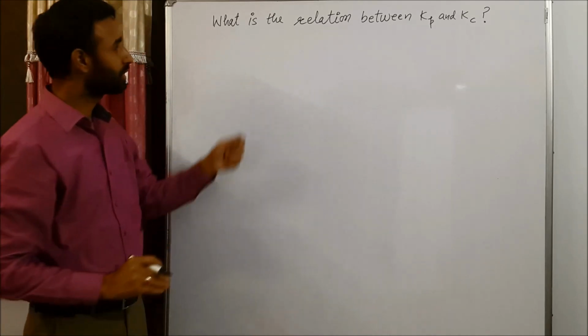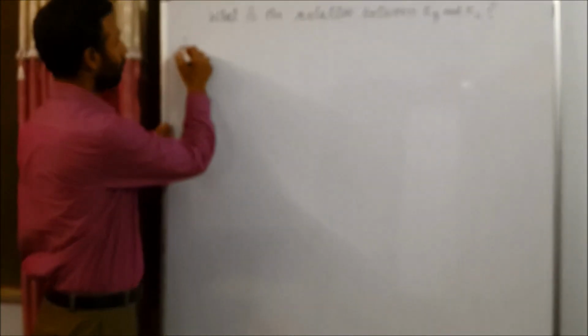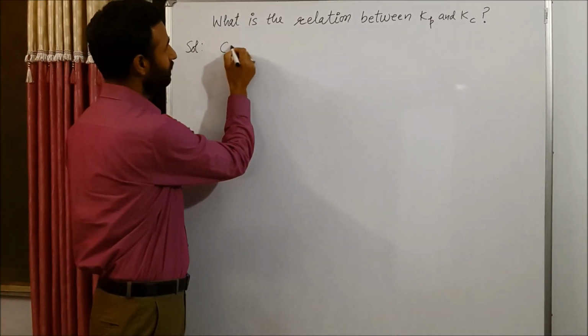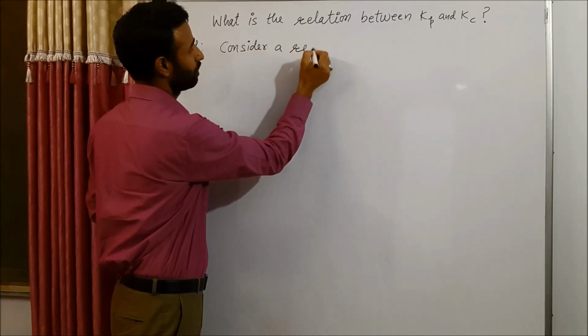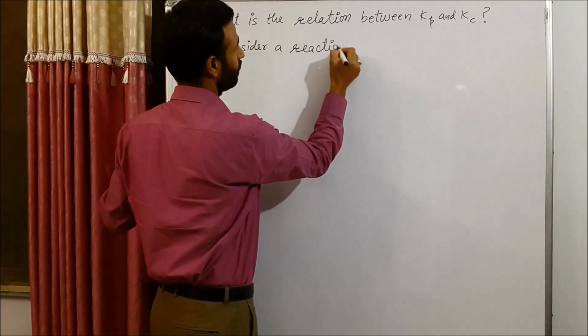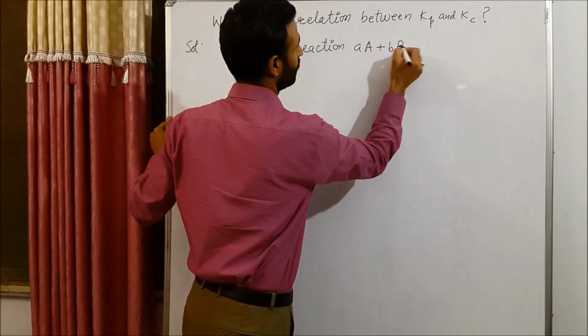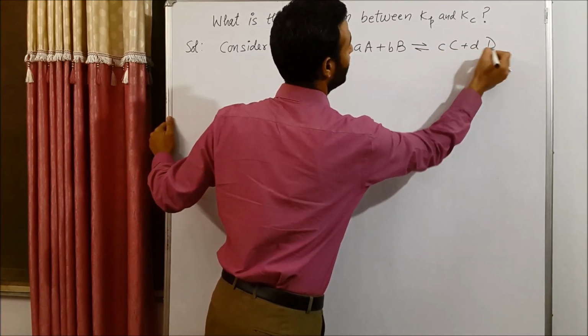So if the question is, what is the relation between Kp and Kc? You start with: consider a reaction. In this reaction, how do we read it?